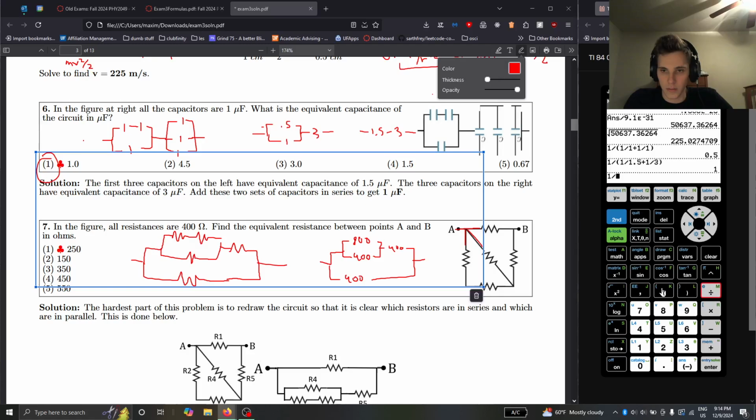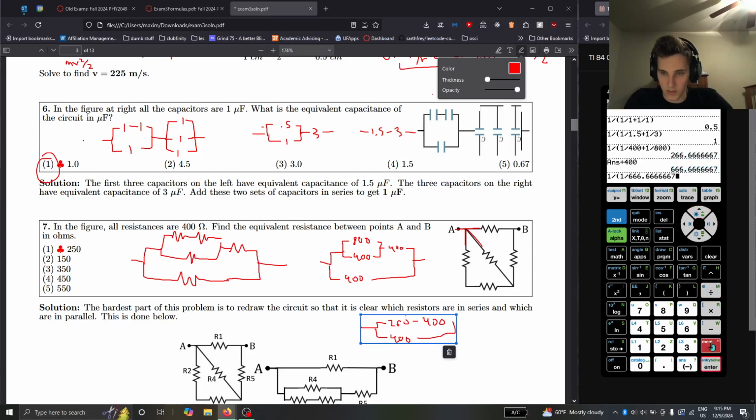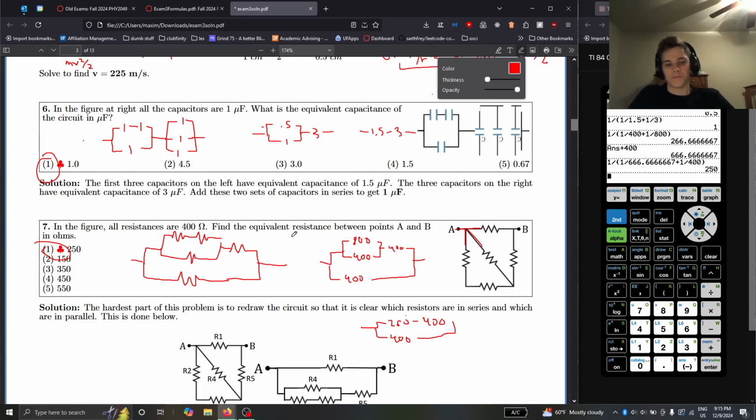And then here, whereas before you just added them willy-nilly with the capacitors, let's apply this weird rule. 266, 400, 400. Here we can add 400, and then 1 over 666 plus 1 over 400 will give us that 250 that we want.